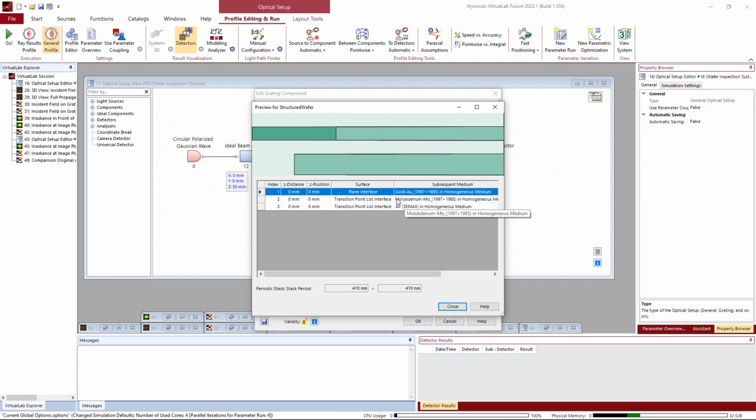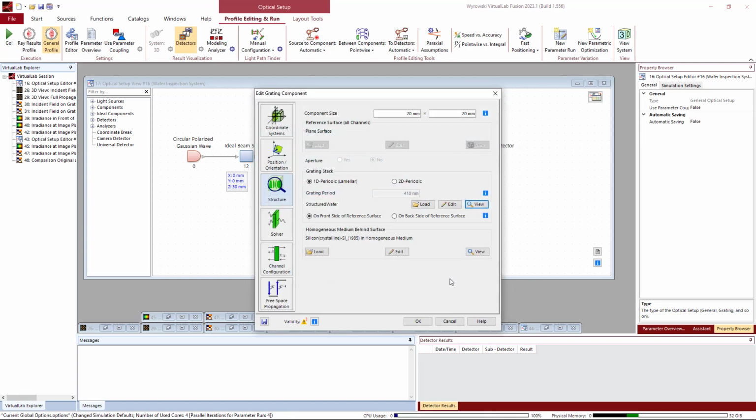We have gold, we have molybdenum, and we also have air filling the gaps between the structure or the profile of this wafer. The period is 410 nanometers. I close this window.